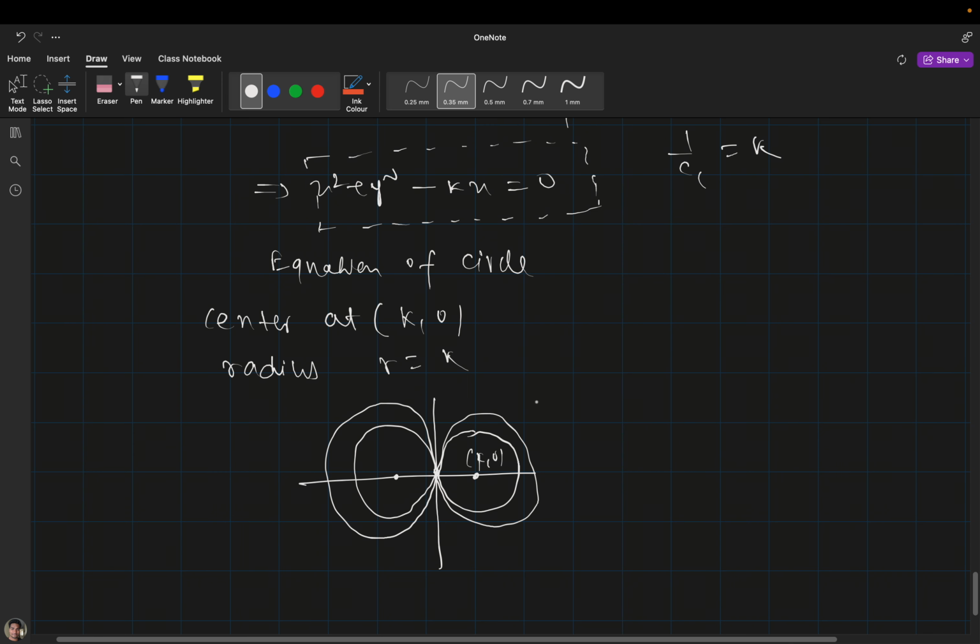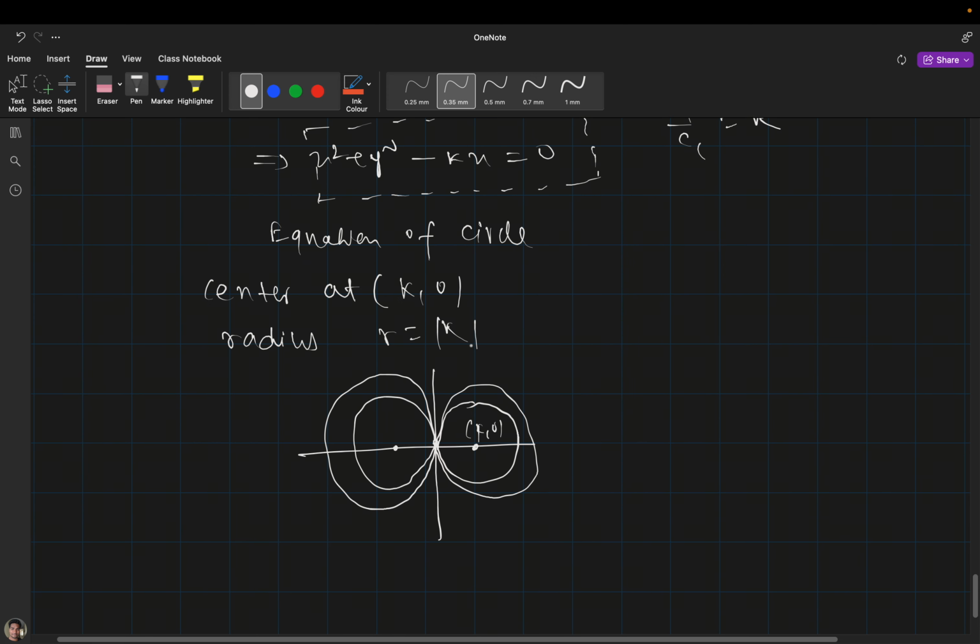Here the radius will be modulus of k, because if k is negative the radius is still positive, because it's a square root. So this is one kind of problem you will see.